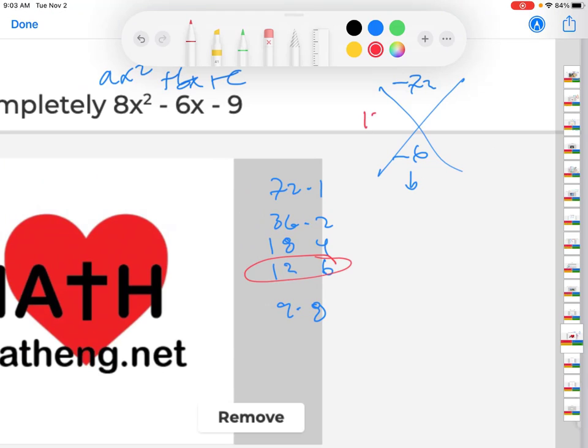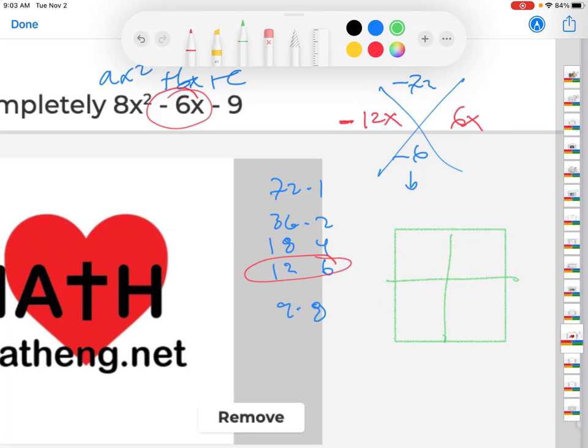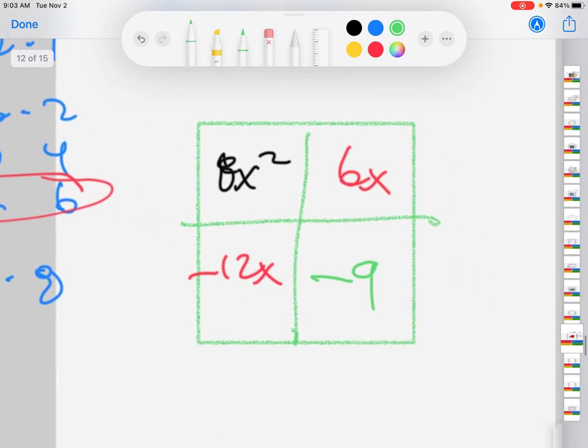Yep. Okay, so that one has to be negative. So when you add those equals -6, and you multiply equals -72. And then if I fill this out, remember that's the red one, black goes in the top left, and -9 here.